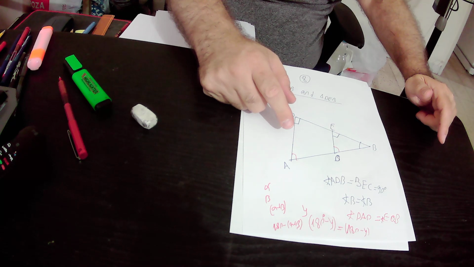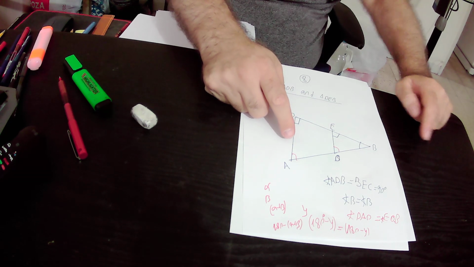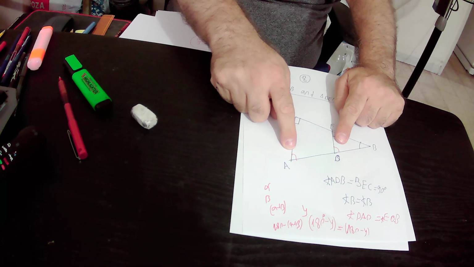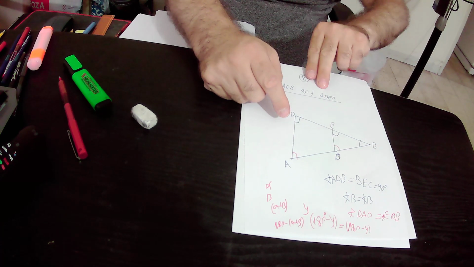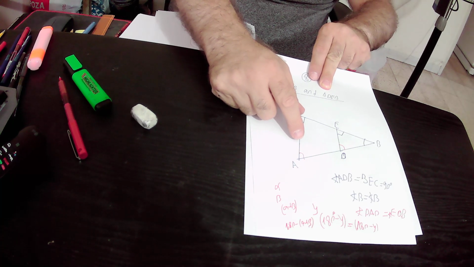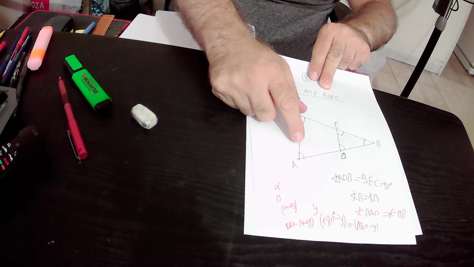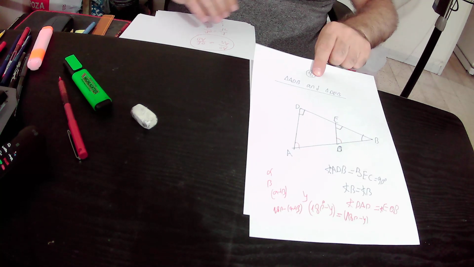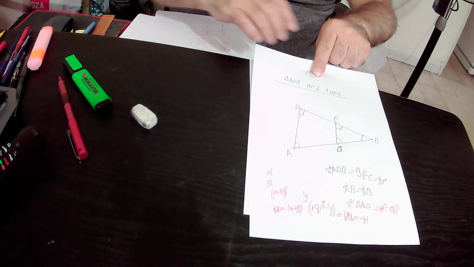So the third angle must also be equal in both triangles. Therefore three angles in the big triangle are equal to three angles in the small triangle. Therefore those two triangles are similar to each other.